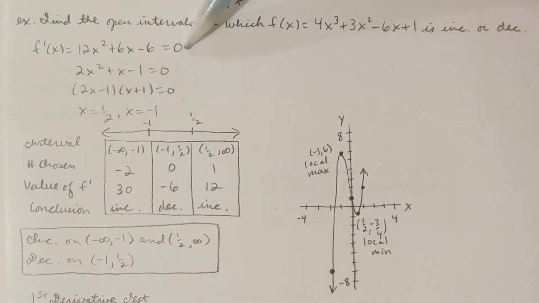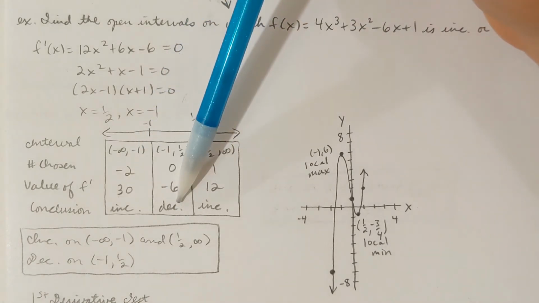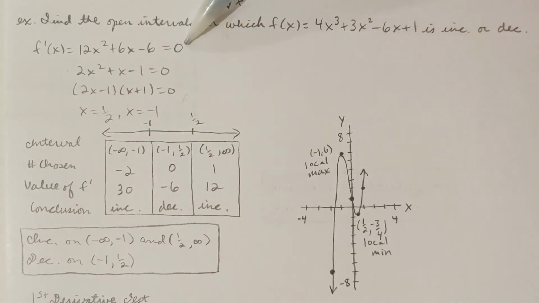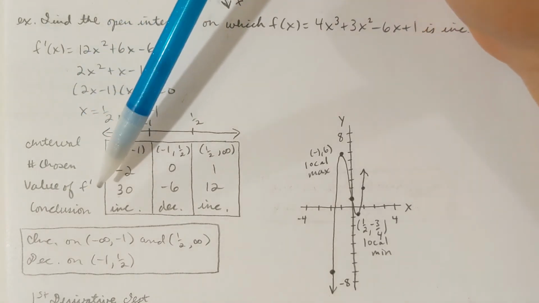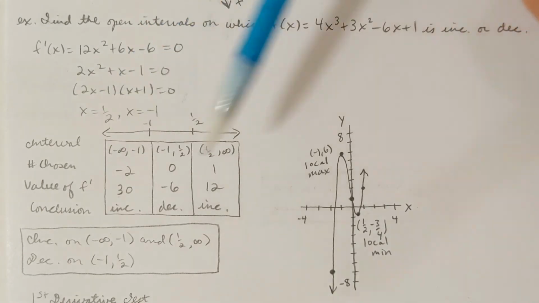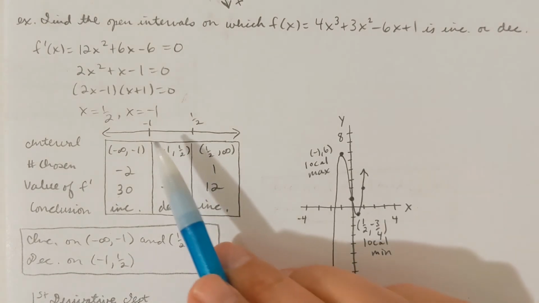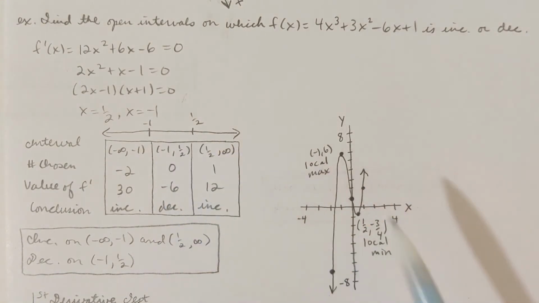I get 0 as a return value from the derivative. That doesn't tell me if I'm increasing or decreasing, since 0 is not a positive or a negative number. Use any test value that you want, but don't use the critical numbers. Of course, at these two spots, I'll be constant.